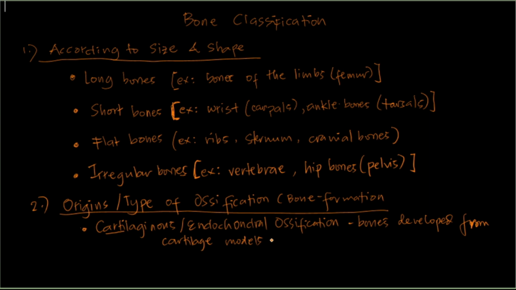What are the examples of this cartilaginous or endochondral ossification? Examples are your short and long bones.